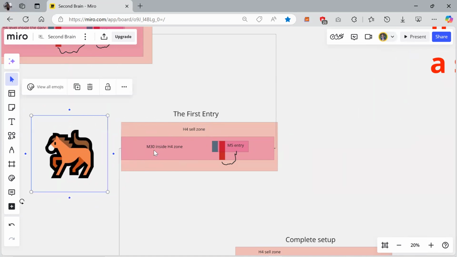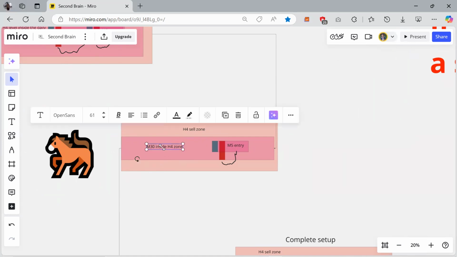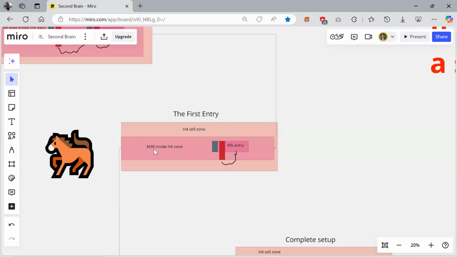We refine it to M30, so we look at M30 zones inside the H4 zones that we have. And I have now put only one, but it could also be that we have two or three M30 zones like this. Okay, one could be here, one could be here. It could even be a little bit higher than the box itself. Okay, but just to make it simple, we have only one M30 inside the H4 zone.